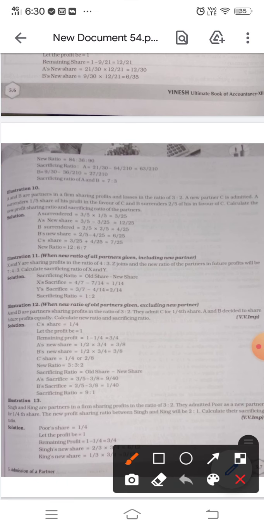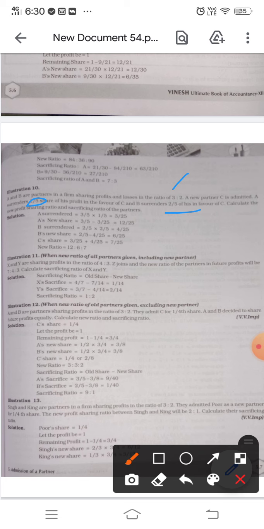That is he is surrendering 1 by 5th of his share of profit in favor of C and B surrenders 2 by 5th. Calculate the new profit share and sacrificing ratio. It's very simple. A surrender means we have to calculate. So what is the old? 3 by 5 into how much he is surrendering. It is 1 by 5. Okay.